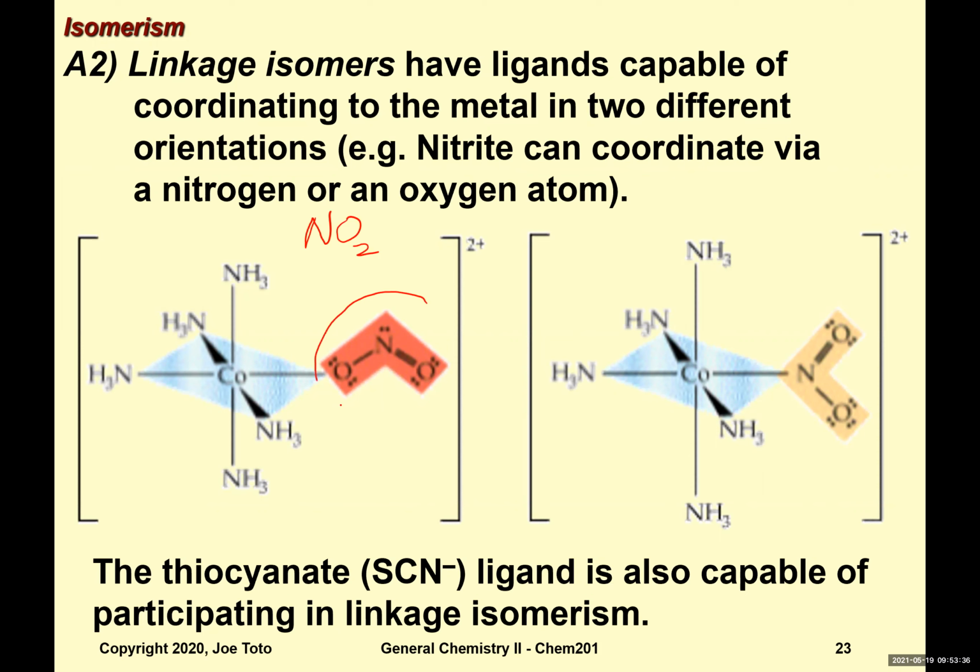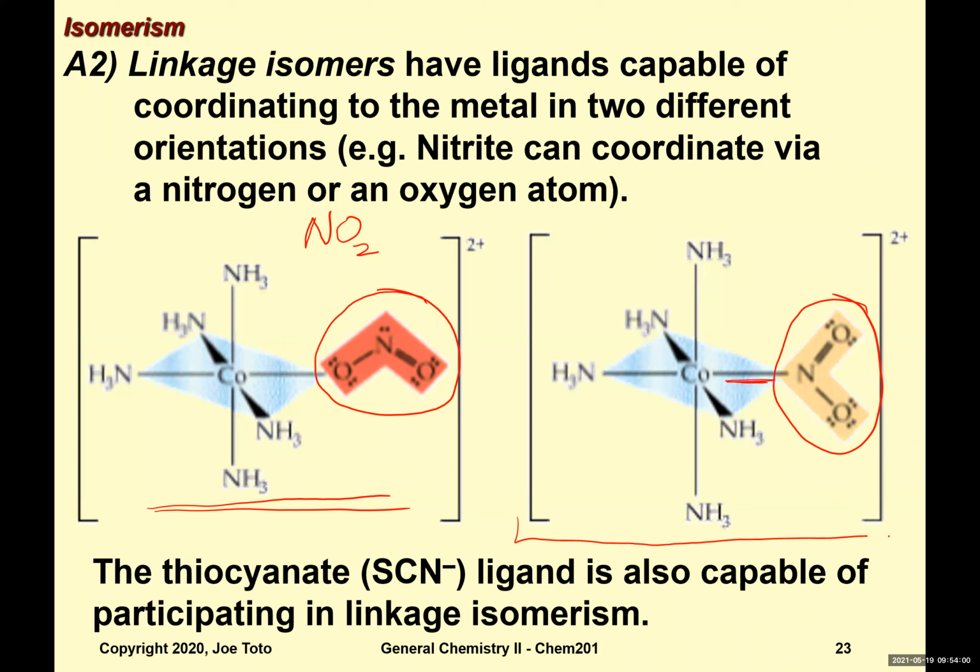So NO2 can donate a lone pair of electrons from one of the oxygens and form this isomer with cobalt and the rest of the ammonias, or the NO2 can link up using the lone pair that's centered on the nitrogen atom to form the coordinate covalent bond and result in this isomer.